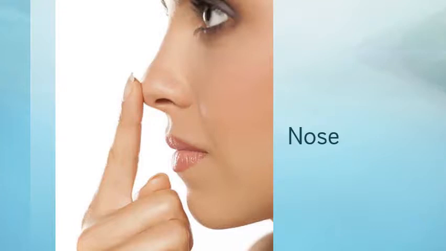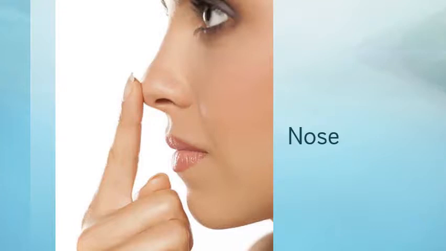And then inside the nose there is a hollow space in the skull that helps regulate the temperature and the humidity of the air we breathe. This hollow space is called sinuses.